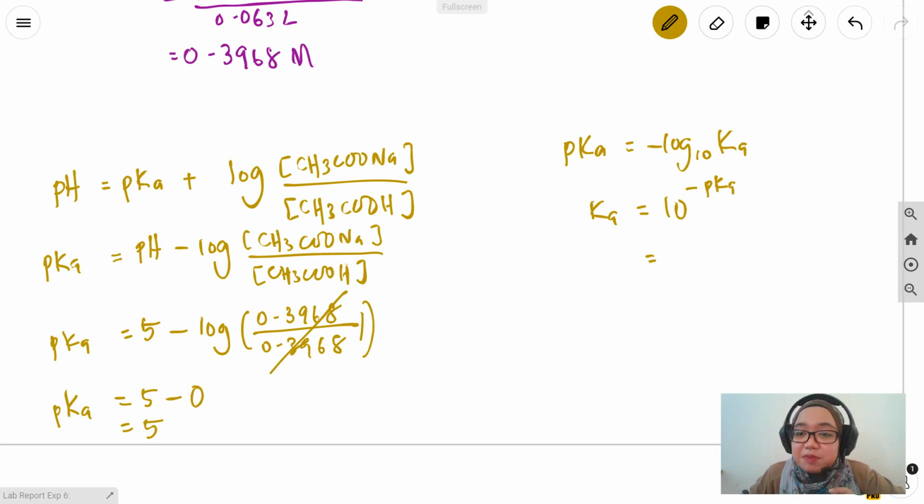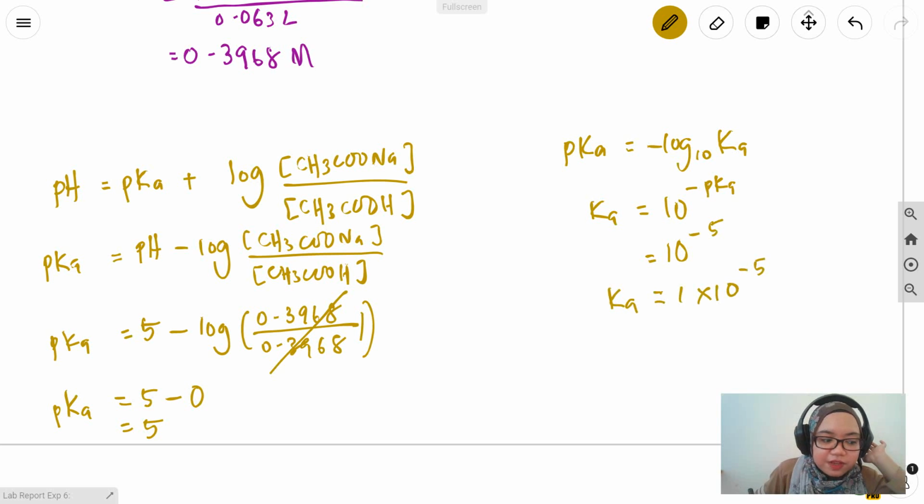Log 10 is base 10, so we bring the 10 over here, so 10 to the power of negative pKa to get Ka. So 10 to the power of negative 5. So Ka will be 1 times 10 to the power of negative 5.